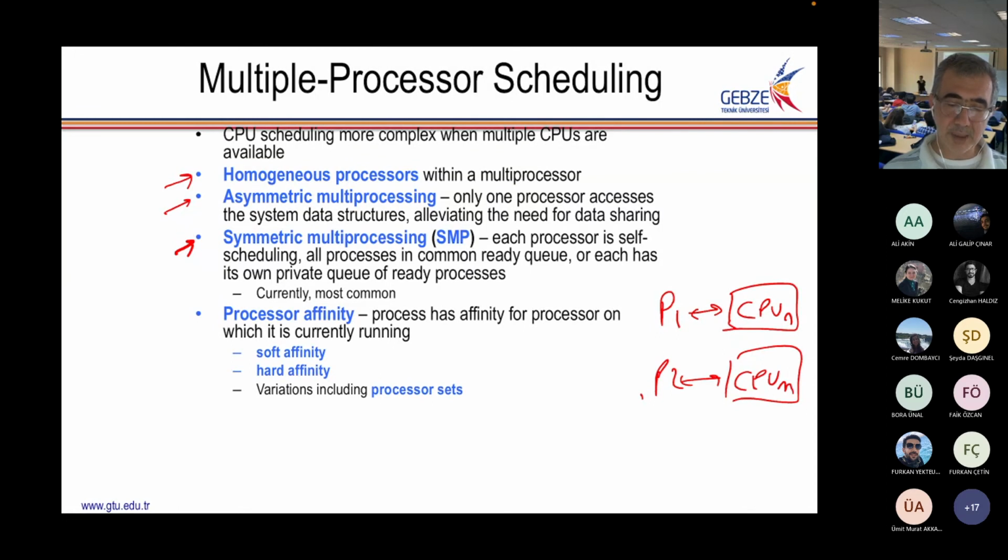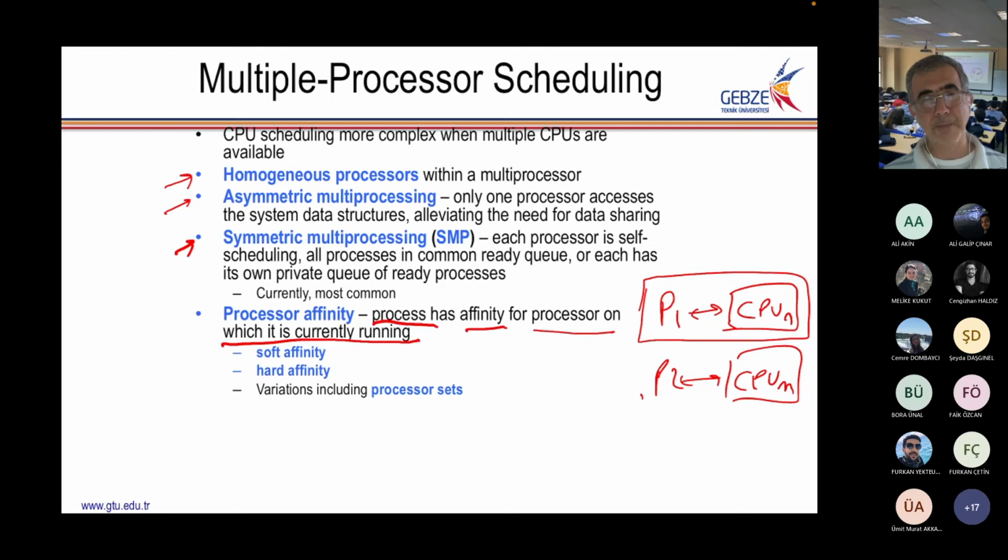We say there is a processor affinity existing between P1 and CPU N. So each process has affinity for the processor on which it's currently running. Therefore, switching P1 to another processor is a costly operation.